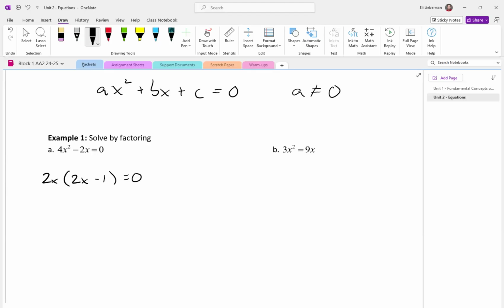Oh, not zero product property. That's middle school. Here it's zero product principle for some reason. Okay, so it just means that 2x could be equal to 0 or 2x minus 1 equals 0. So x equals 0 or x equals 1/2. Easy. Comfortable? You've seen this before, I hope.